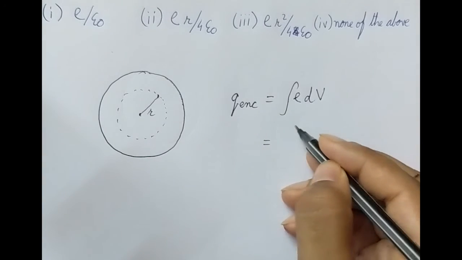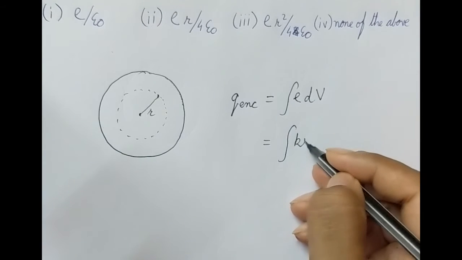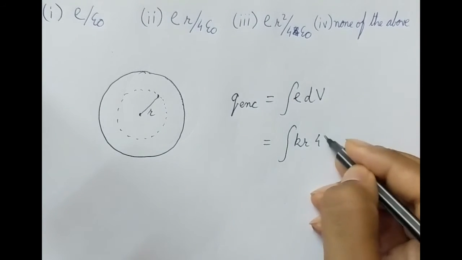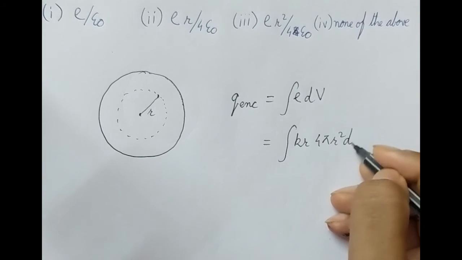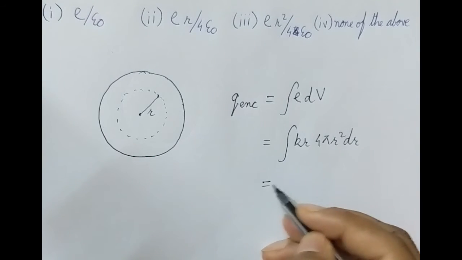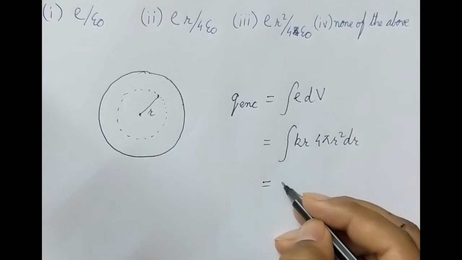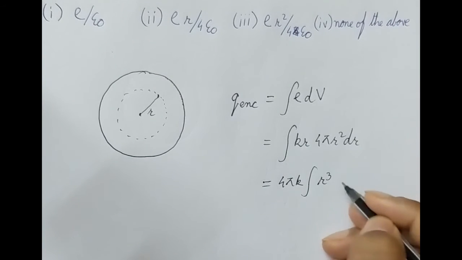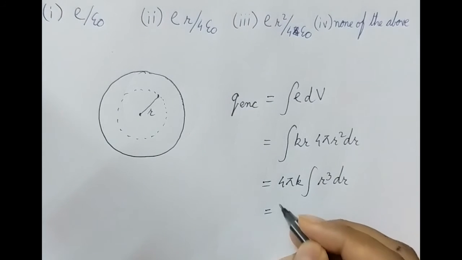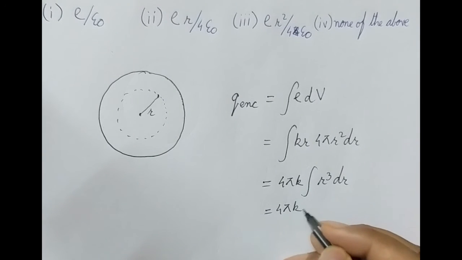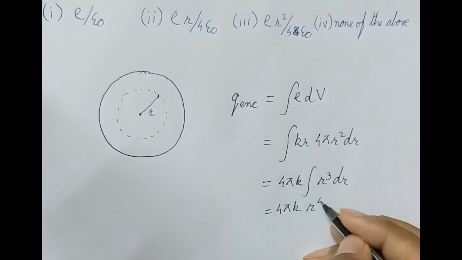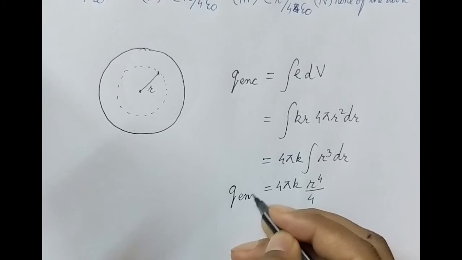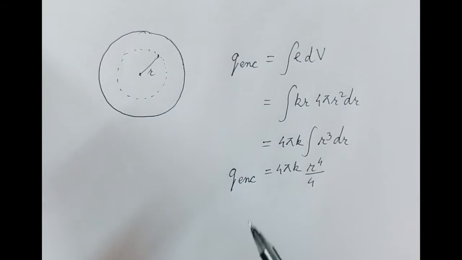We put the values of rho, k into r, and dV we can represent in terms of r as 4 pi r square dr. 4 pi and k are constants, you bring them out of the integration and you have an r cube dr. If you integrate r cube, that gives you r to the power 4 divided by 4. So this is my net charge enclosed within this Gaussian sphere.